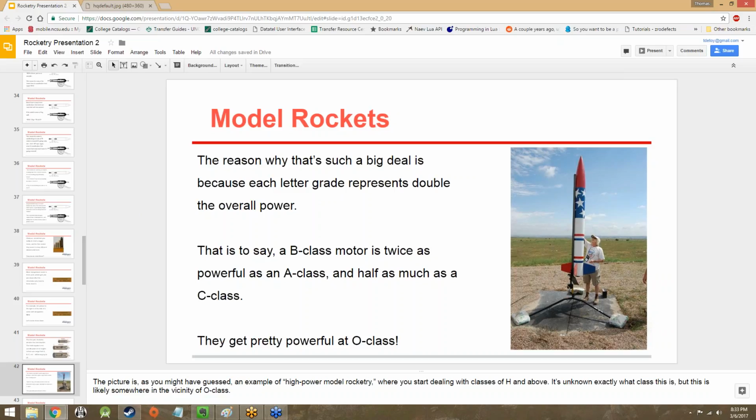And an O-class motor is as powerful as 128 H-class motors, all running at the same time. Yeah, it's a lot of power. In fact, let's see here, 128 times 256. I don't even want to do that math right now. That's some number around 4,000, I want to say. It's a lot more powerful.